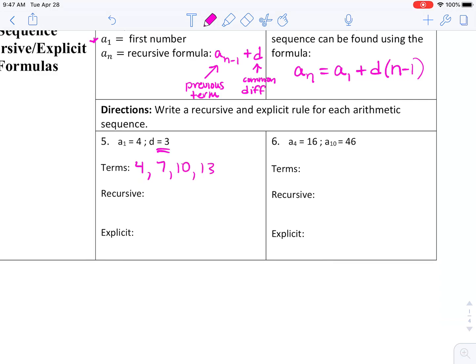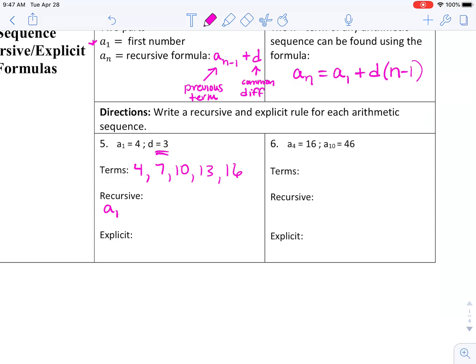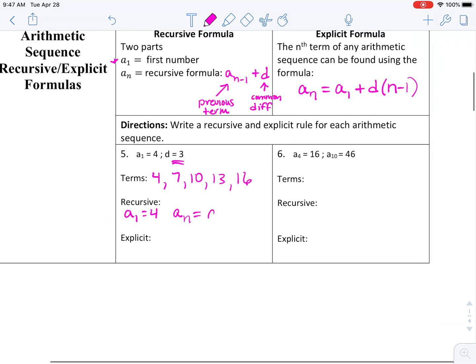So 4, 7, 10, 13, 16. That would be the first 5 terms. To write a recursive model for this sequence, I would state that a sub 1 was 4, and then I would define the sequence a sub n by saying to take the previous term, a sub n minus 1, and add 3. So again, recursive model, as simple as that for an arithmetic sequence.